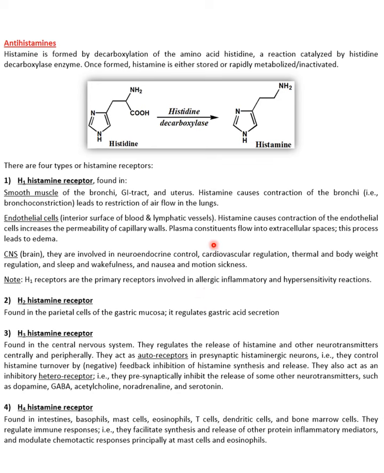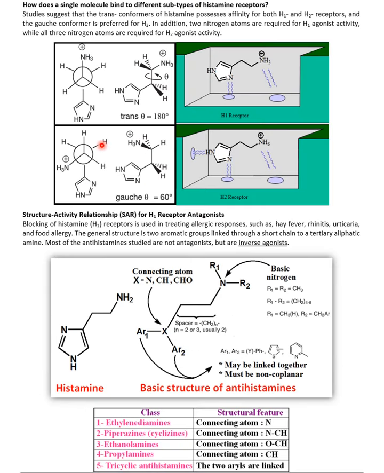Before we move into the next slide, let's see how we could actually explain how one histamine molecule is able to bind to these 4 different types. Okay, so how can one molecule bind to these 4 types of receptors?